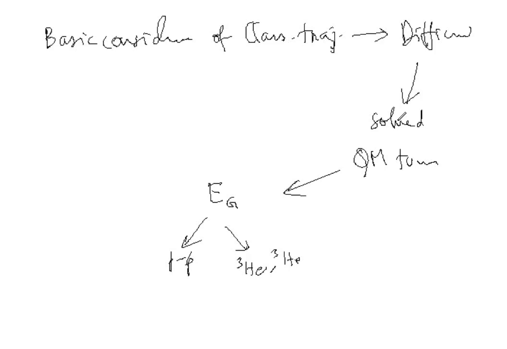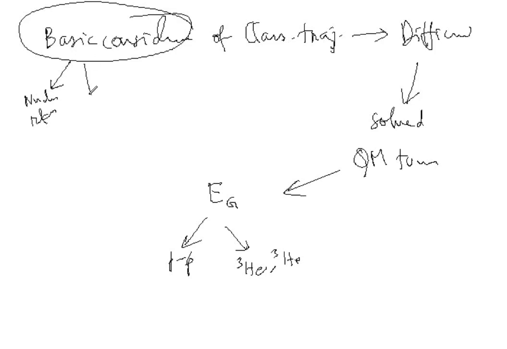Now before I proceed, let me again go back to the basic considerations. What we did previously was we talked about nuclear reaction in general, binding energy, and binding fraction, this plot of binding fraction as a function of mass.